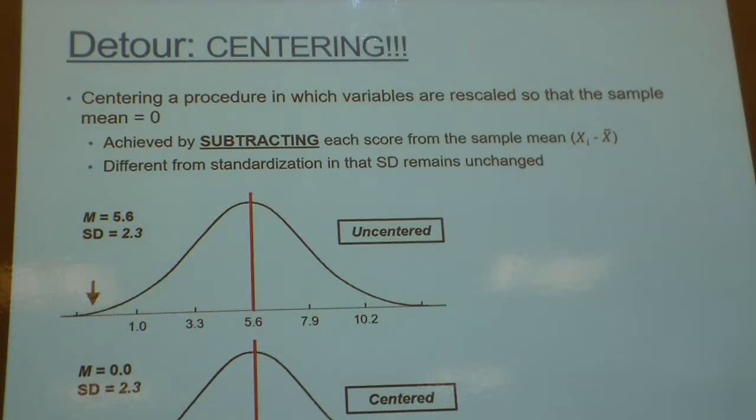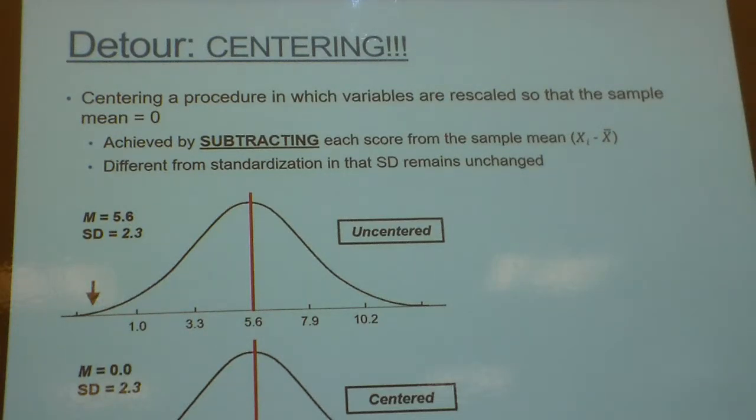This person who was 0 is now down here, some negative number, but the mean of the distribution is 0. Standard deviation is still 2.3. These aren't z-scores. We've just taken this distribution and changed what is often an arbitrary scale anyway, and shifted it down. So 0 represents the mean value of this variable. People see what we're doing here?